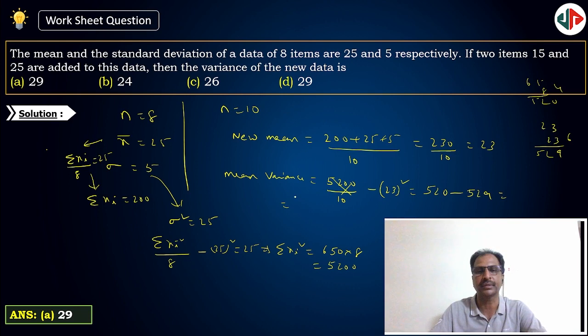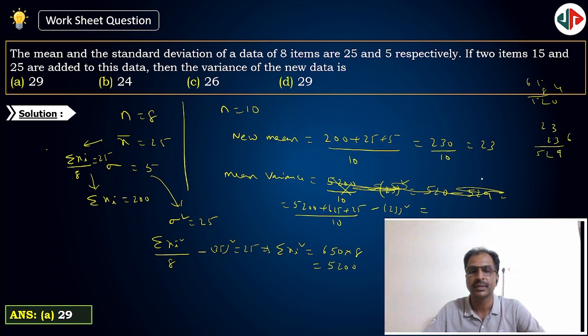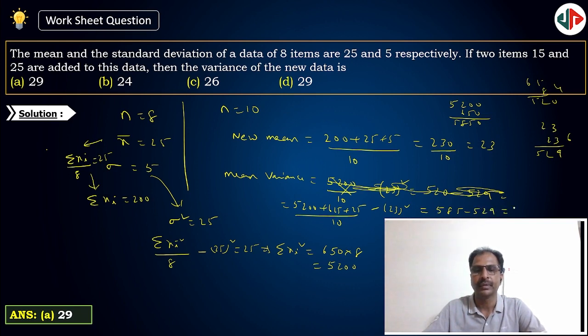This gives Σ xi² as 5200. What is the new Σ xi²? 5200 plus 25² plus the square of the other item, divided by 10, minus the square of the new mean.